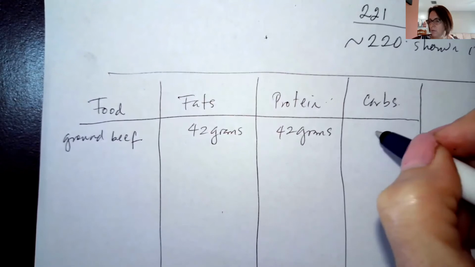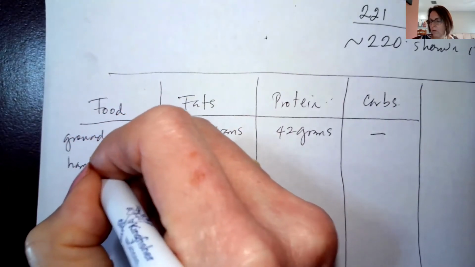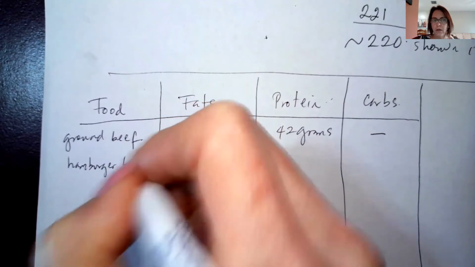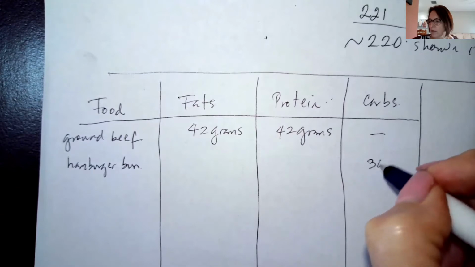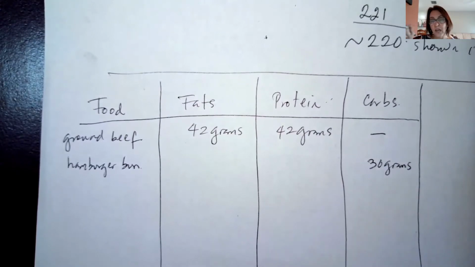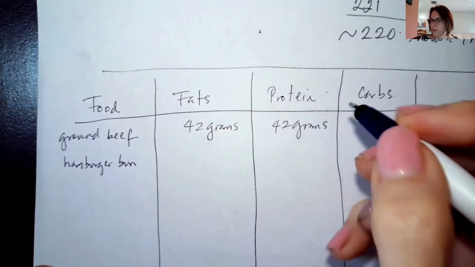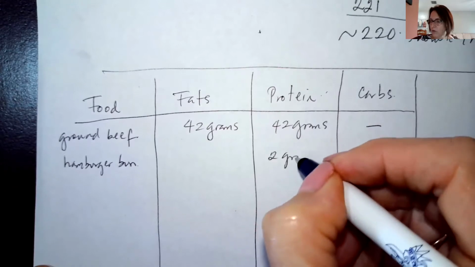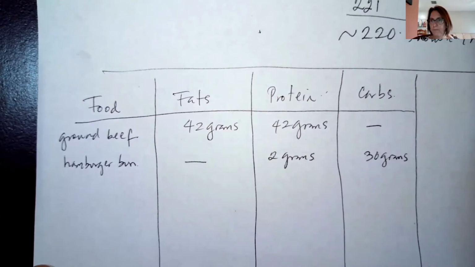And it doesn't say anything about carbs. Hamburger bun. It says it has 30 grams of carbs. By the way, in some PowerPoints, you will see the letters CHO to refer to carbs. And then 2 grams of proteins. And it doesn't say anything about fats.